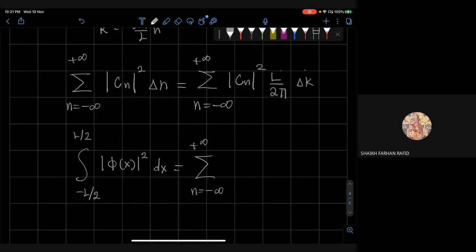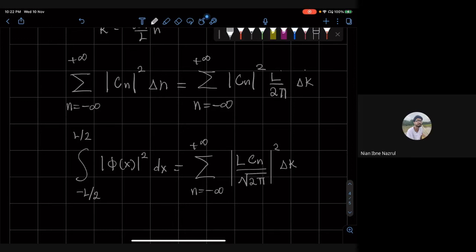And now we have an L squared, but let me take that L inside the modulus, then the Cn. And here we have square root of 2 pi, then the whole thing mod squared, times delta k. Okay, so we haven't really done anything new. All we have done is define delta k and rewritten everything in terms of delta k.